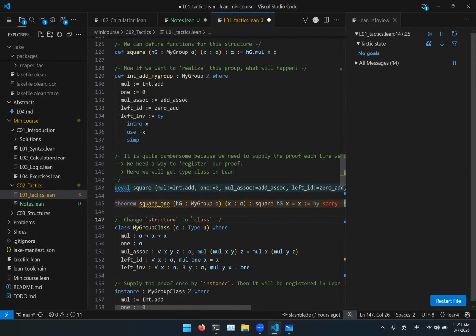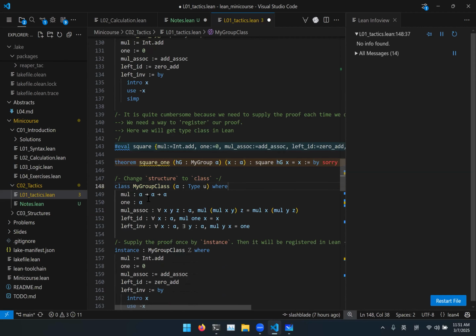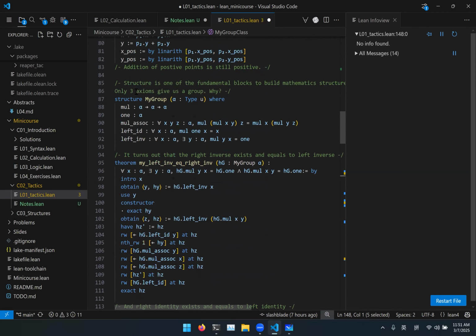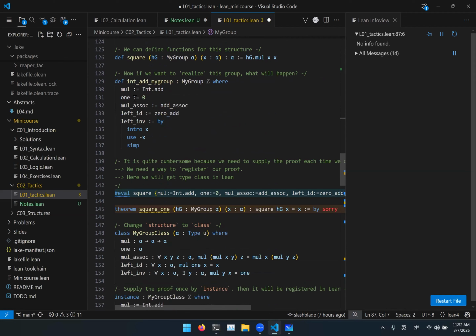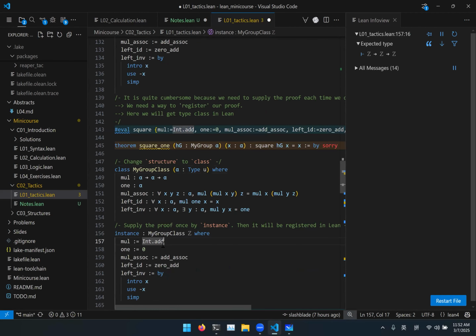So we use a strengthened or improved version of structure, which is called class. Class has exactly the same syntax and same usage as structure. You can just directly change structure to class. After this, you can use instance to specify that the integers are a group, using this class definition.